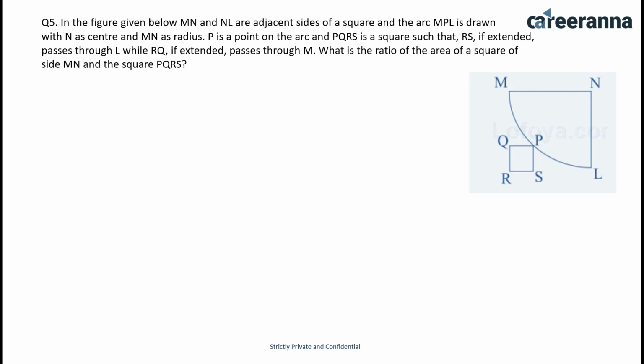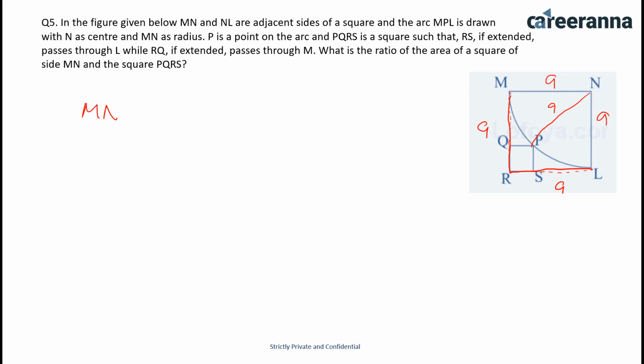Now the question is saying if RS is extended, it will join L, and if RQ is extended, then it will join at point M. I'll assume this side to be A. This is the radius, so I can say, in other words, this is also A. Now this value MR and RL are also A and A respectively.